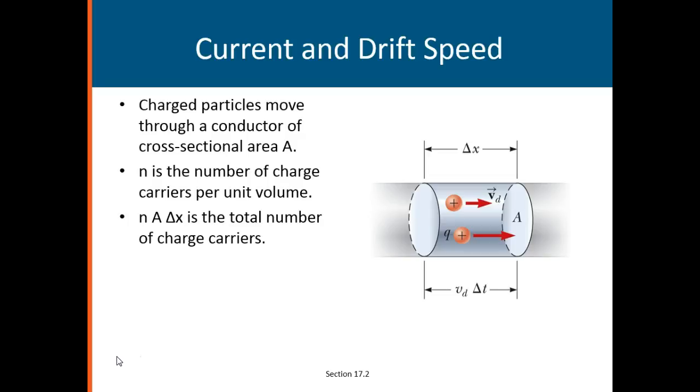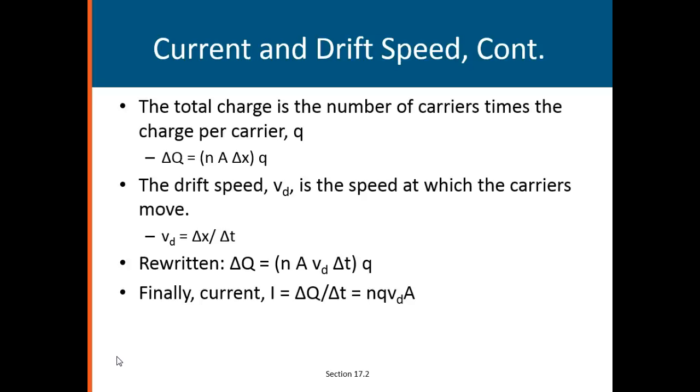The change in distance is the drift velocity times the time interval. So the total charge is the number of carriers times the charge per carrier, q.